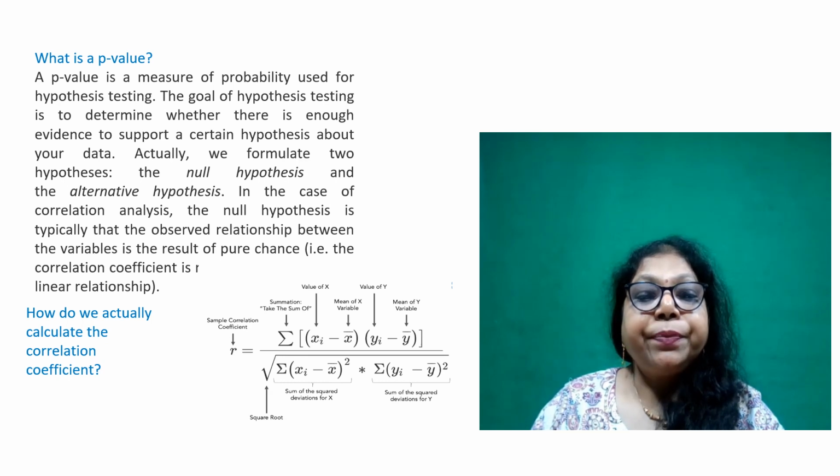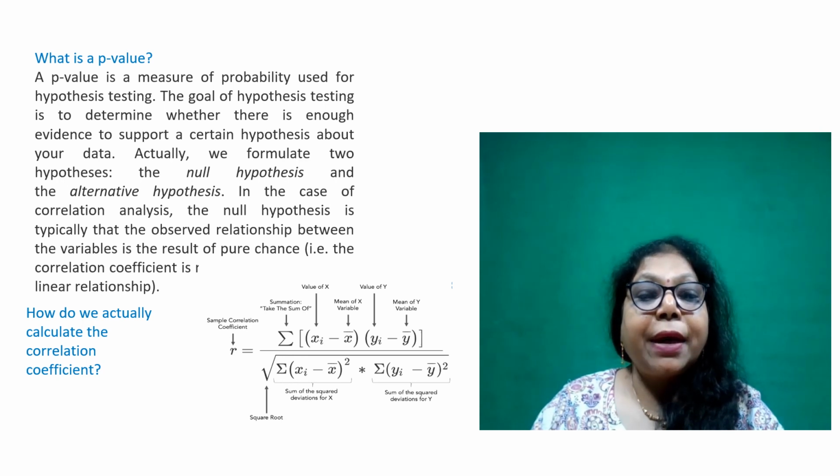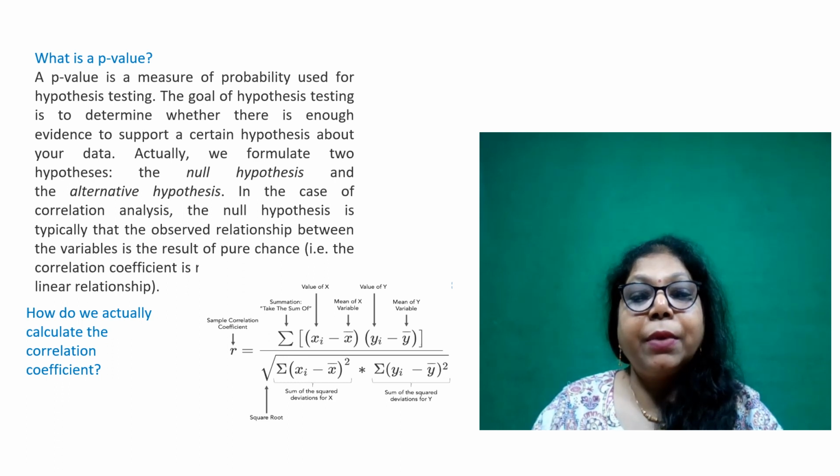R is equal to the summation of (xi minus x bar) times (yi minus y bar), divided by the square root of the summation of (xi minus x bar) whole squared times the summation of (yi minus y bar) whole squared. Here R is the sample correlation coefficient, summation is the sign which we use, xi is the value of x, and x bar is the mean of the x variable.